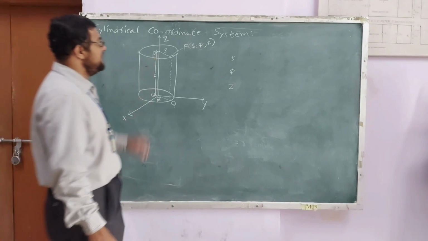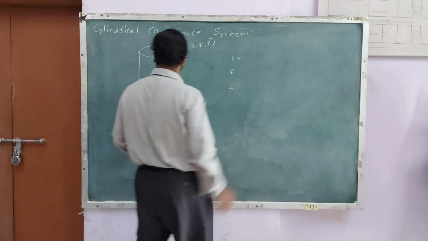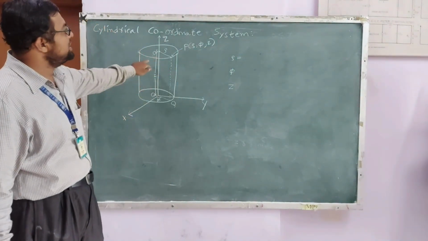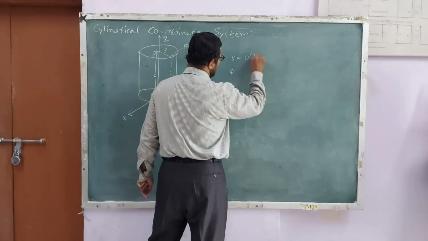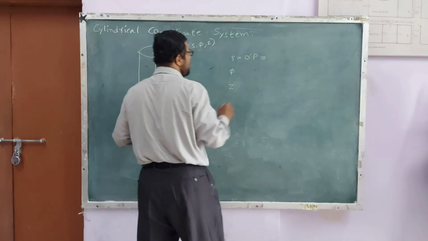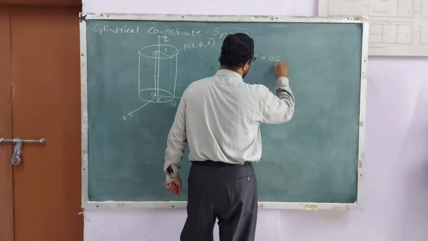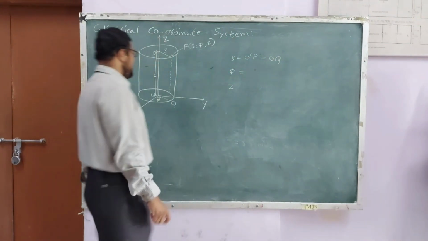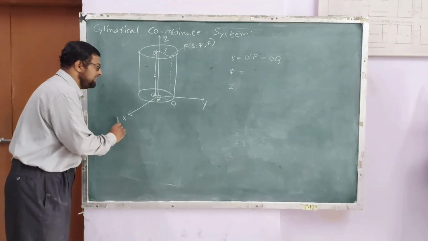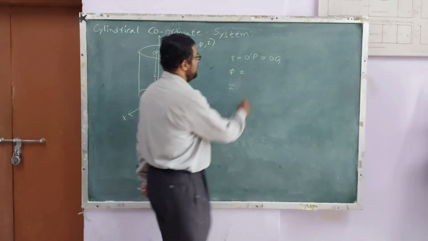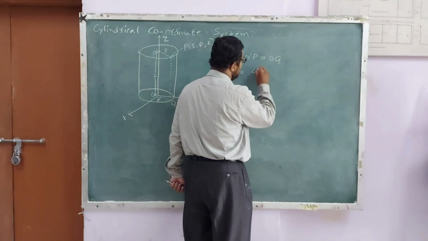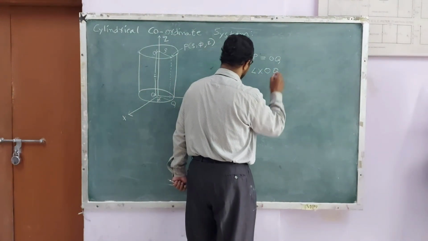So what is the rho coordinate? The rho coordinate is nothing but the radius of this cylinder, which we can consider from this figure as O prime P, or the same thing as OQ. The second is phi. Phi is nothing but this angle, so we call it angle XOQ.